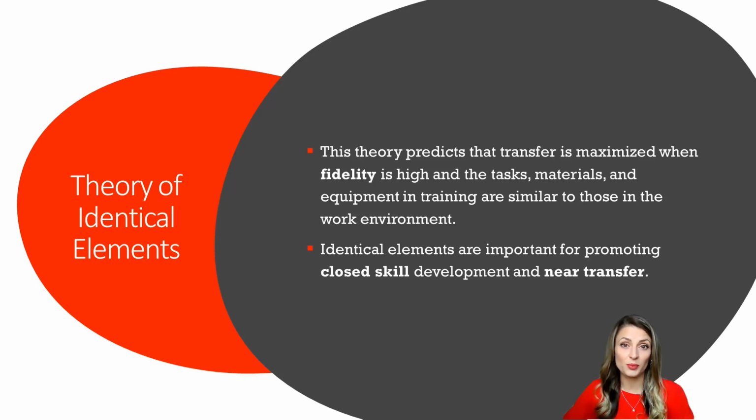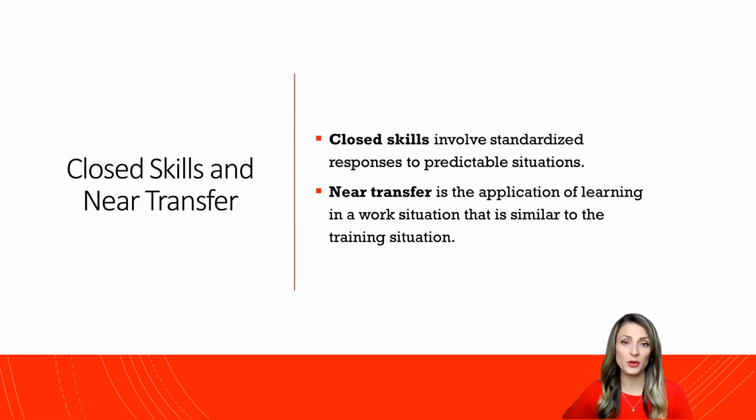Identical elements are particularly important for developing closed skills and for supporting near transfer. When we perform closed skills, we usually follow a standard set of procedures in a predictable situation.